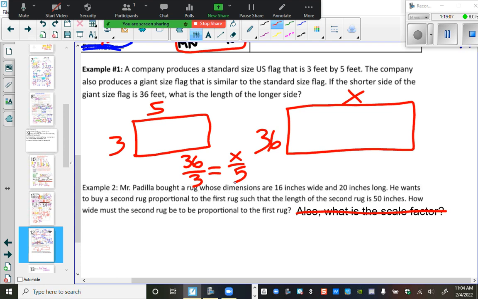Because you get the larger, smaller. And then she went the width and the length. That's perfect. You can set up your proportion exactly that way.